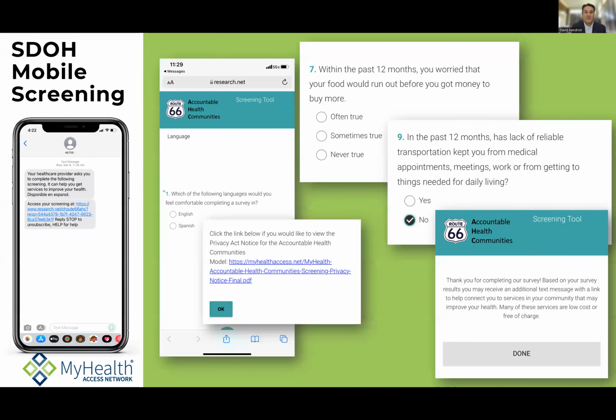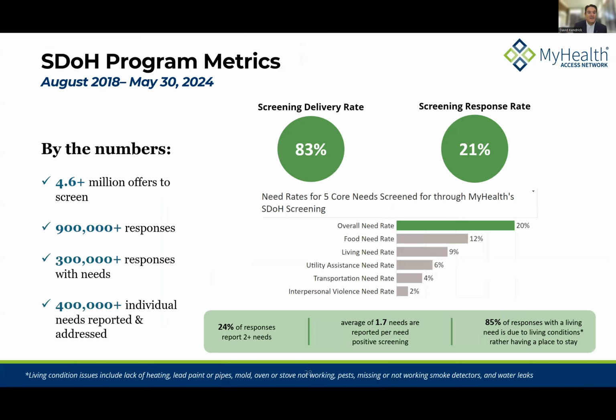So at MyHealth, we offer a social needs screening platform that's triggered when patients register for care. And we've been running this program since 2018. I'm happy to say, since it's mobile device based, that it was COVID proof and worked even through the telemedicine days. These are numbers through May of 2024.